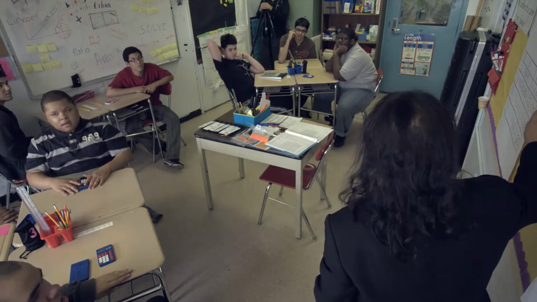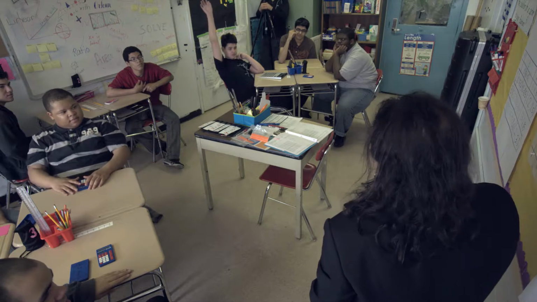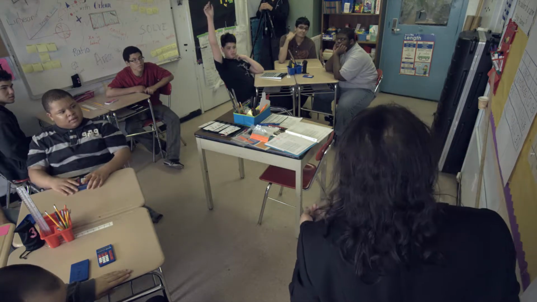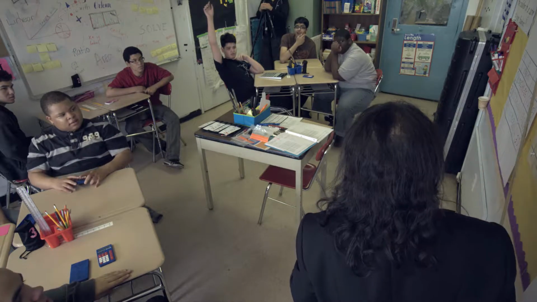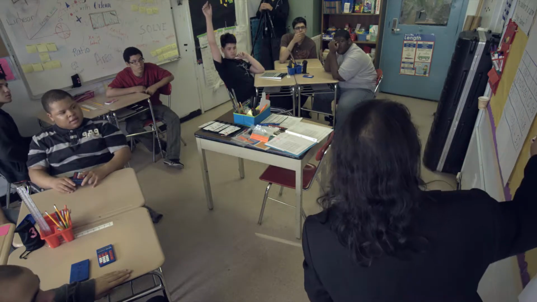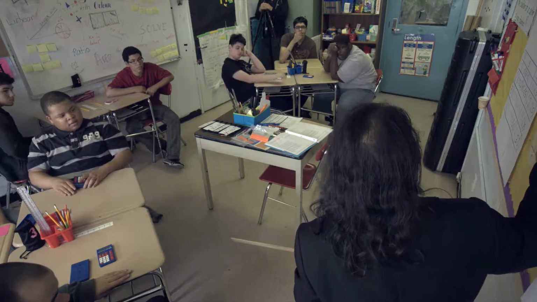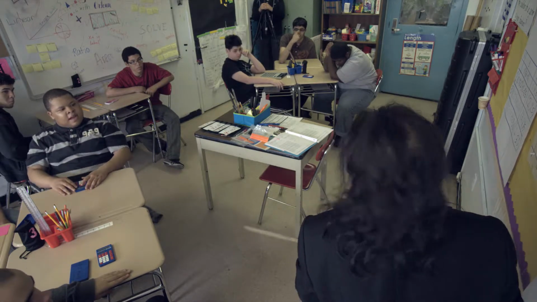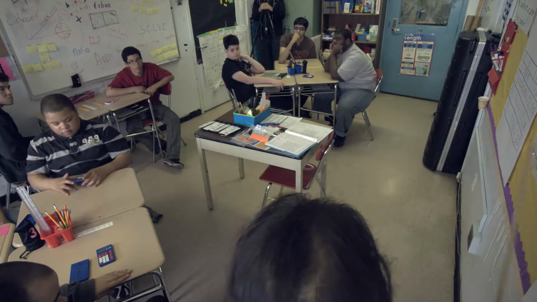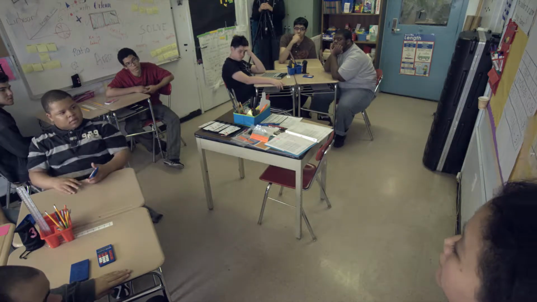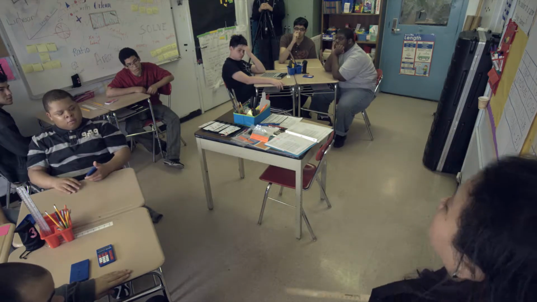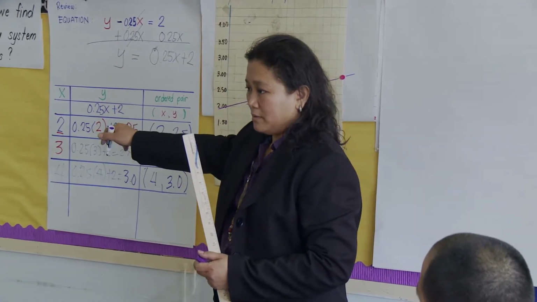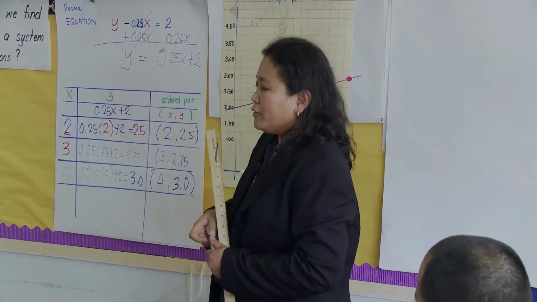And what equation is this line representing? y is equal to 0.25x plus 2. Okay, so don't forget your y is equal to. So one equation, one line. Any question with that? No. Okay.